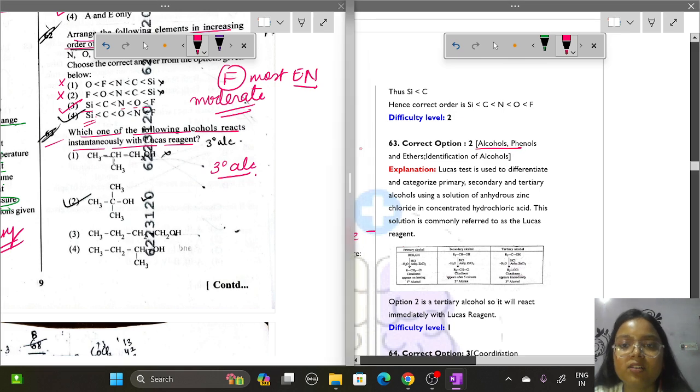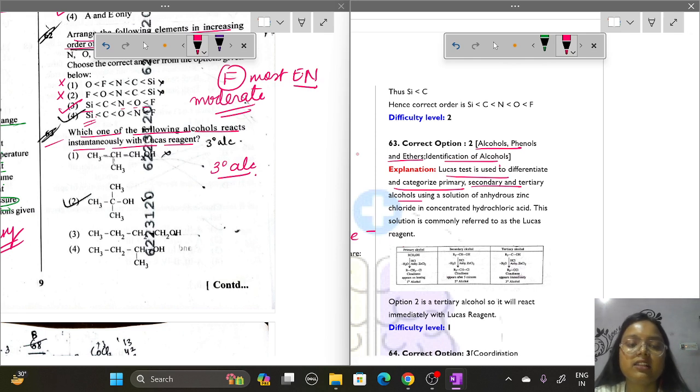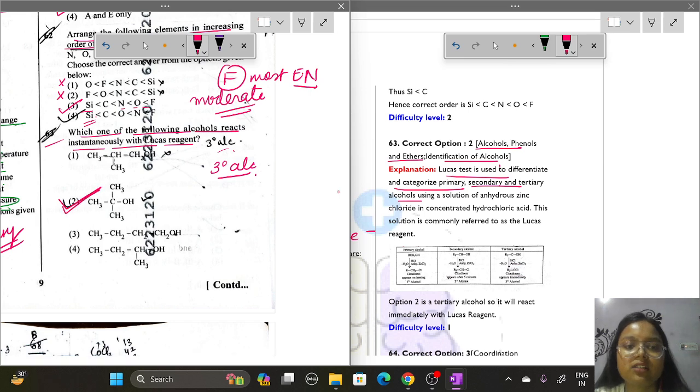It is from the alcohols, phenols chapter, and it is from identification of alcohol. The Lucas test is used to distinguish between primary, secondary and tertiary alcohols, and it gives a precipitate immediately with 3-degree alcohol. Among all these, the second option is the tertiary alcohol, so the second option is the correct option.